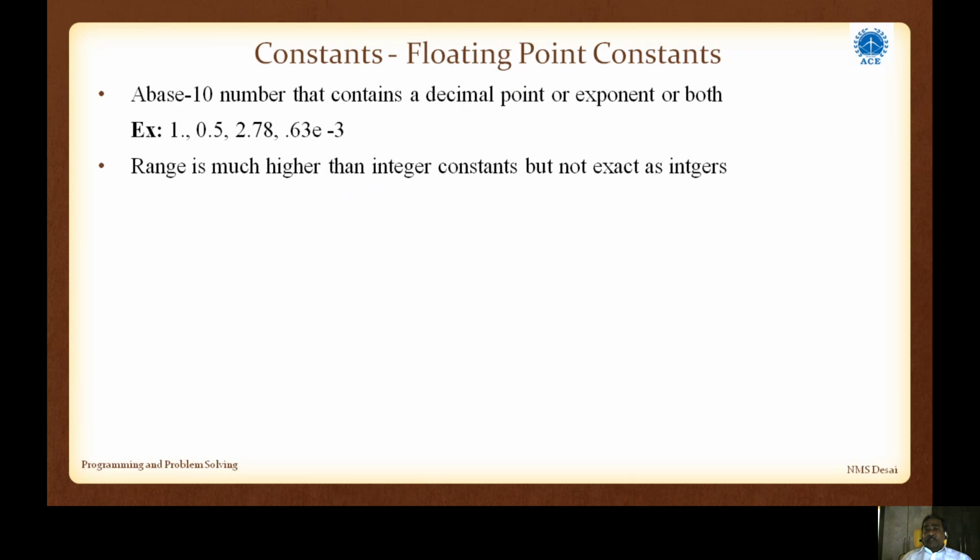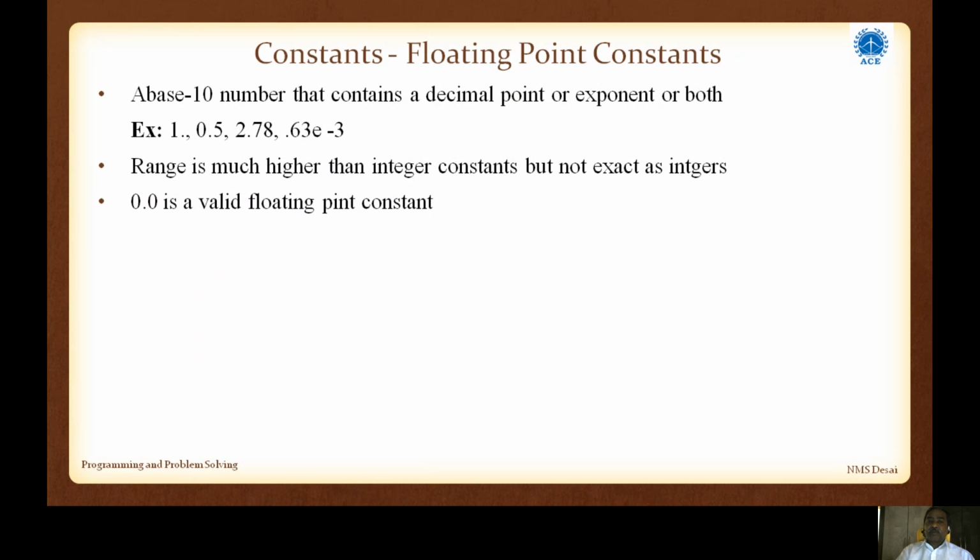So 1 by 3 plus 1 by 3 plus 1 by 3 is 3 by 3 is equal to 1 for me. But for the computer, it will be 0.999999. But rounding takes place and 1 is represented. We should be very particular about this knowledge when we are doing precision arithmetic, where the correctness of the answer is very essential. We should keep in mind what is happening in the computer.